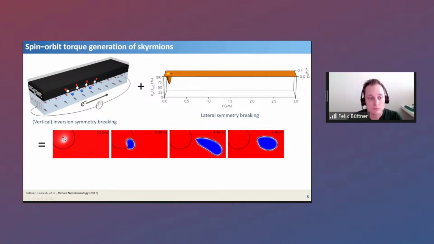You can move that away from the defect, and ultimately once you switch off the current, because the energy of this defect is so high, it will transform itself into a magnetic skyrmion.